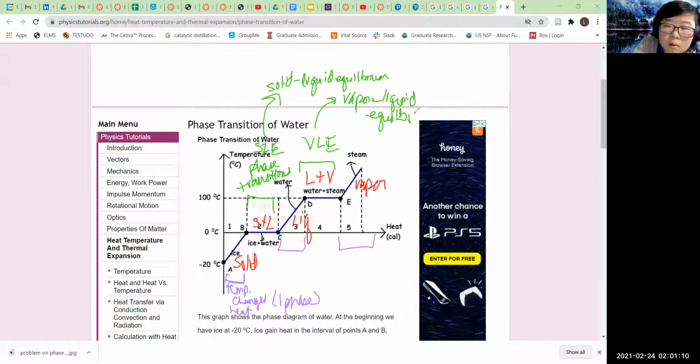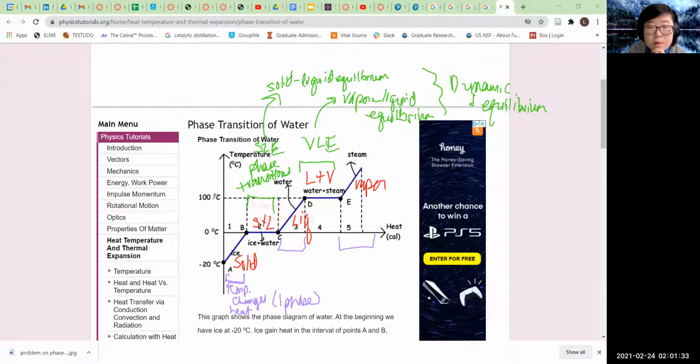And these are dynamic equilibriums at a certain spot, because it is shifting, I guess. Once you evaporate something completely, or once you melt something completely, then you're going to get just one phase.